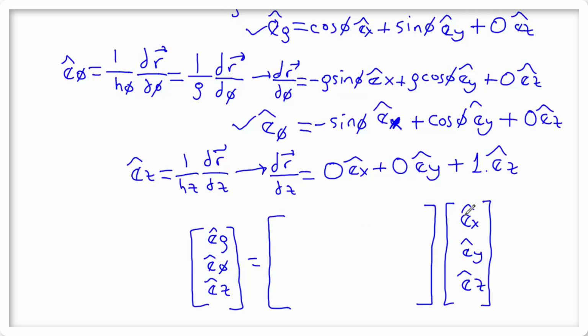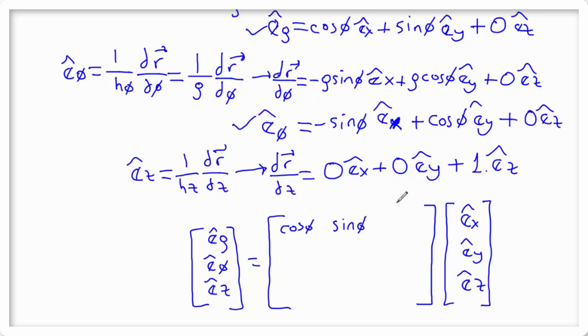This first element will be multiplied by this element plus this will be multiplied by this plus this times this. The result is equal to E rho. Then, what are the elements that will come here in this operation? Here I am looking at with whom Ex is multiplied: cos phi. Then what will be here? Cos phi.